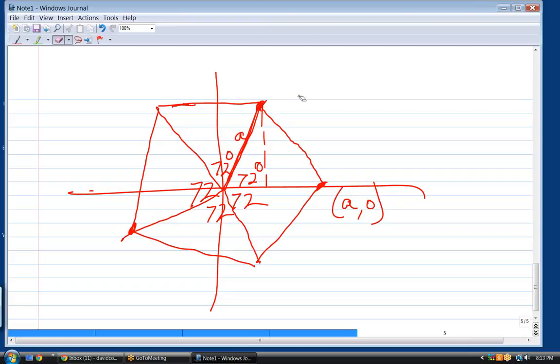In other words, we can solve this using trig. That's the way I can see to do it. I'm not sure I can see how to do it using polar.